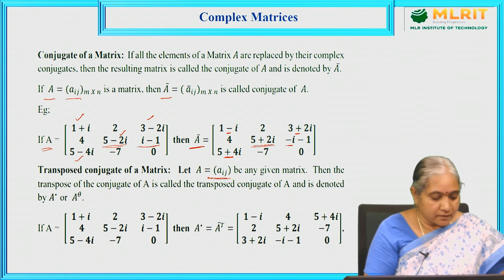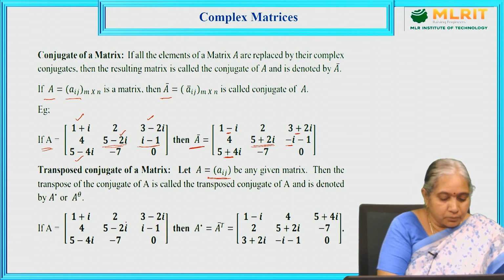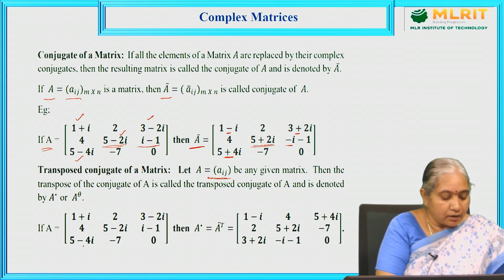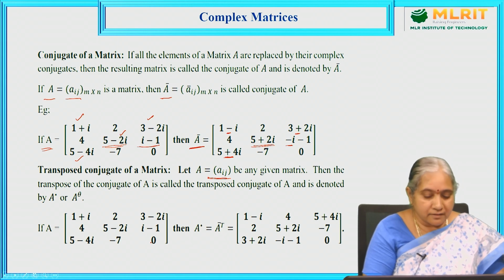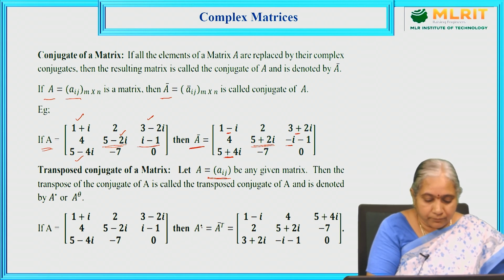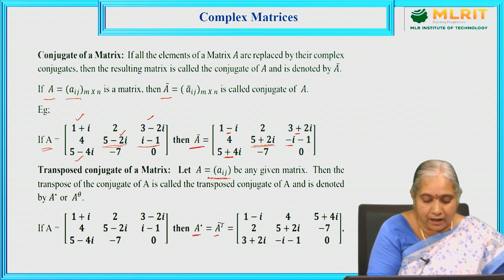So here the given matrix A equal to 1 plus I, 2, 3 minus 2I, 4, 5 minus 2I, I minus 1, 5 minus 4I, minus 7, 0. Now we find A star, which is the conjugate transpose of the given matrix A, that is A bar whole transpose.